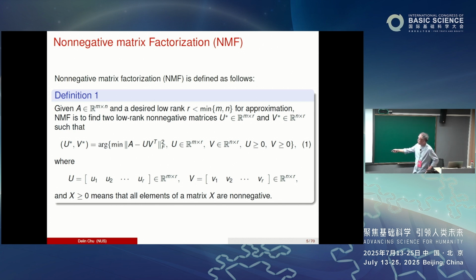Non-negative matrix factorization is to find two low rank non-negative matrices, U star in m by R, V star in n by R, so that U star, V star solve this minimization problem. This is called the non-negative matrix factorization problem. Now we denote the columns of U by U1, U2, up to UR, and the columns of V by V1, V2, up to VR. X is non-negative. This means all elements of X are non-negative.